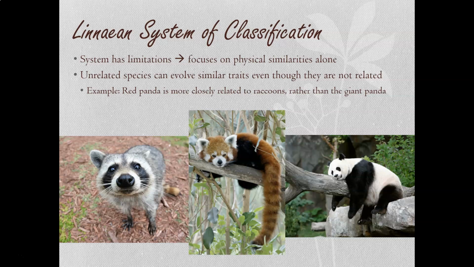And so that has meant that a lot of species, as we've gotten better with the molecular data, have had to get rearranged and reclassified, potentially even renamed, because we've learned more information recently based on their molecular information that they may not have been as closely related to each other as we initially thought.